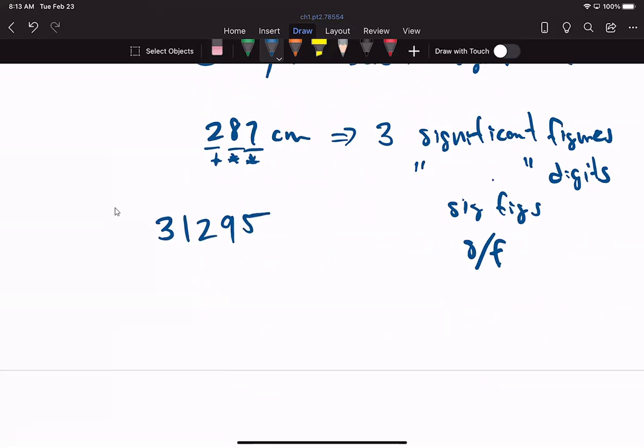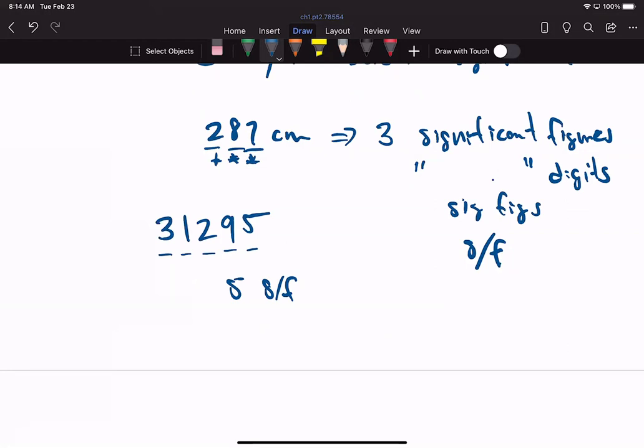If we give you a value where all of these are non-zero numbers, I would count them all, 1, 2, 3, 4, 5, and I have 5 significant figures. So that's part of how we determine significant figures.